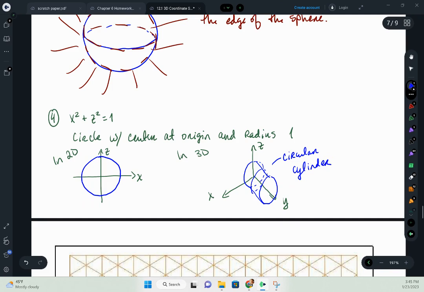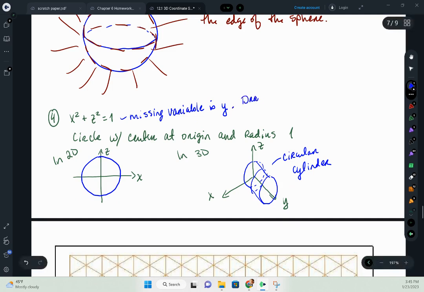Kind of weird. So if there is a missing variable, in our case, the missing variable is y. If there is a missing variable, draw the equation as you would in 2D, and then drag that shape along the axis of the missing variable.